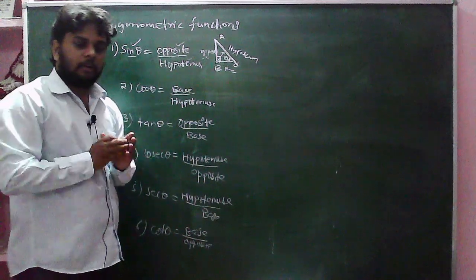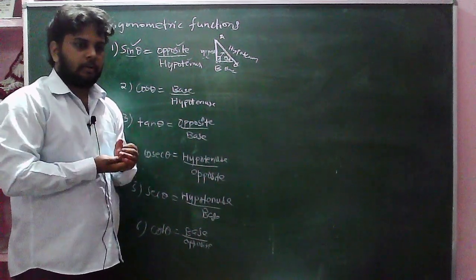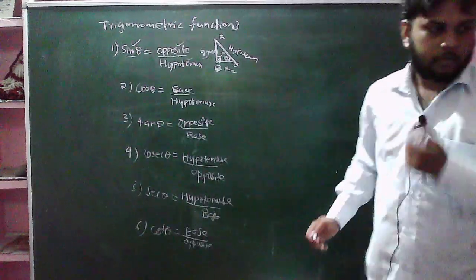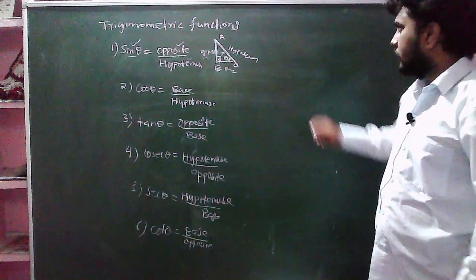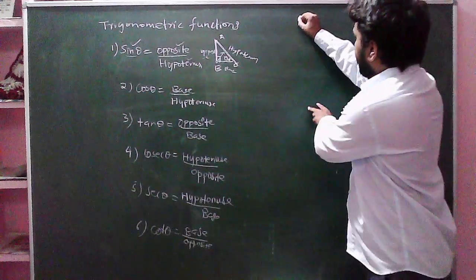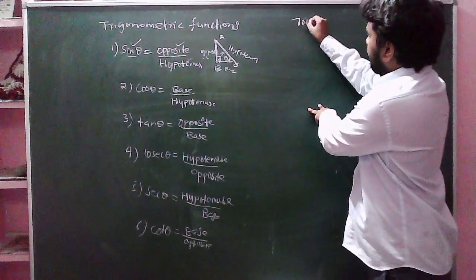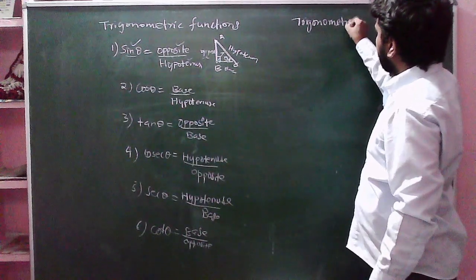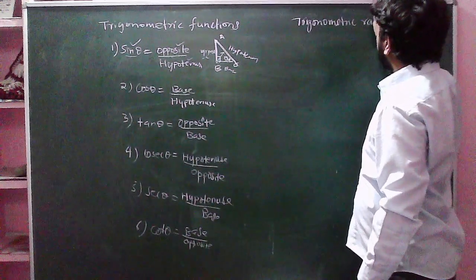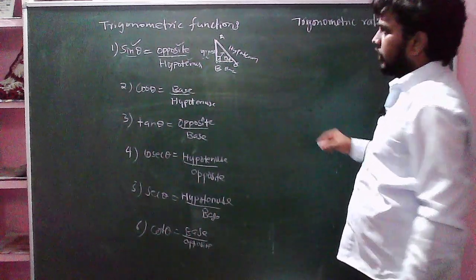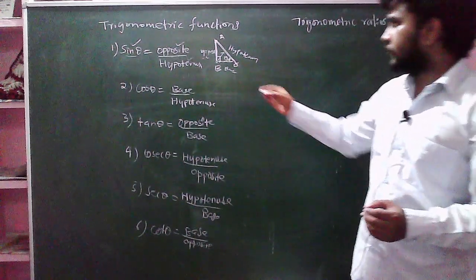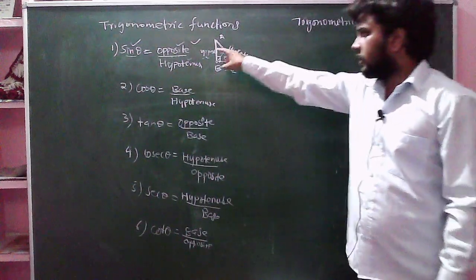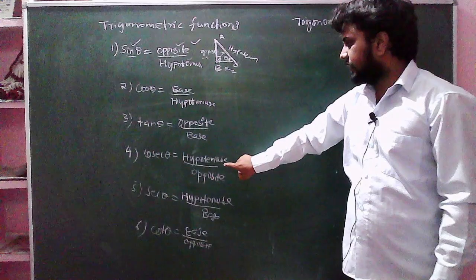Now we will learn about the trigonometric ratios that are possible with the help of these. What you can observe here is that the sine theta formula is opposite by hypotenuse, but the cosec theta formula is hypotenuse by opposite.